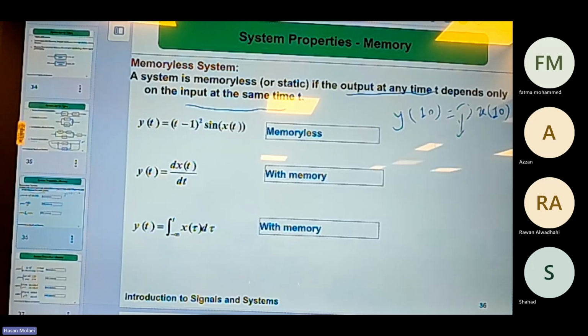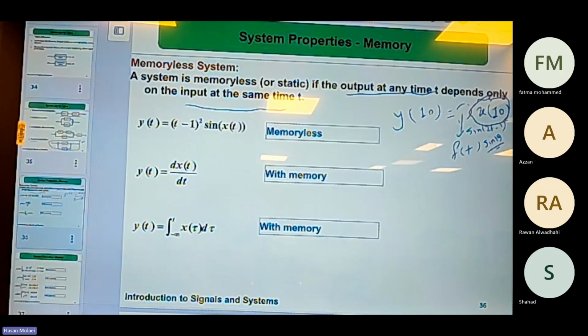Here I can have a function of t, for example sine of 2t minus 1. If t equals 10, it doesn't matter; the only important thing is that x should be at 10.